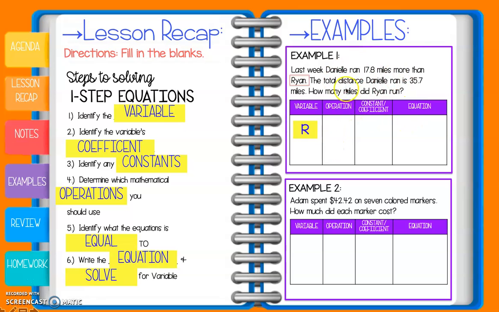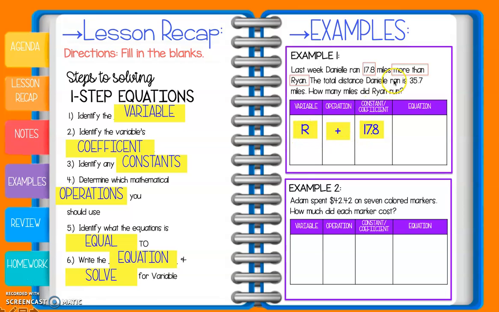Then we're going to look for our math operation. And if we look in the problem here, I see the words more than. More than tells me that our math operation is going to be addition, okay? Now, it says last week Danielle ran 17.8 miles. 17.8 is going to be our constant because we're going to add it to figure out how many Ryan ran.